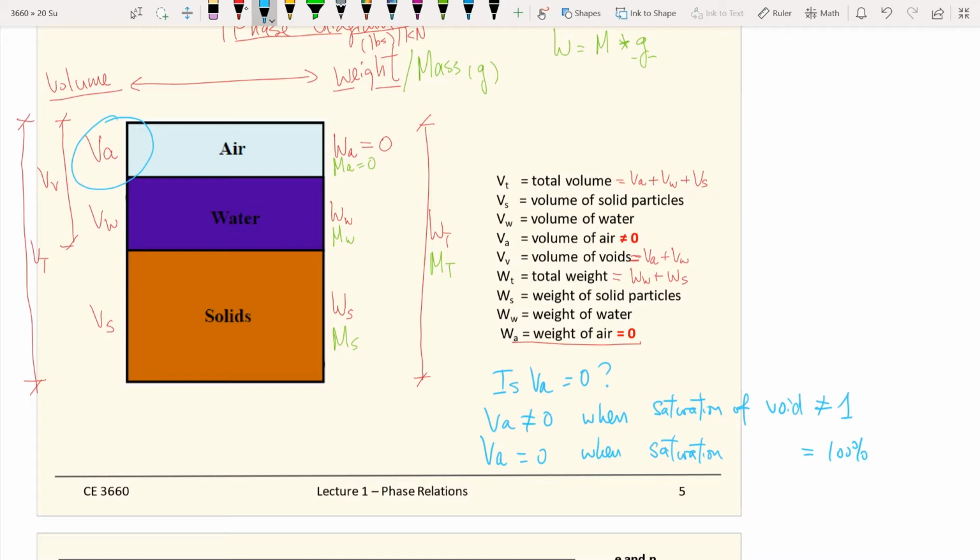In that case, the volume of air is equal to 0. If the question doesn't tell you it is 100% saturated, or doesn't say anything about saturation, that means there's air.